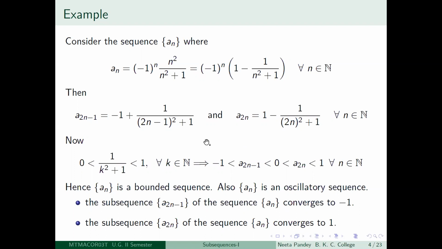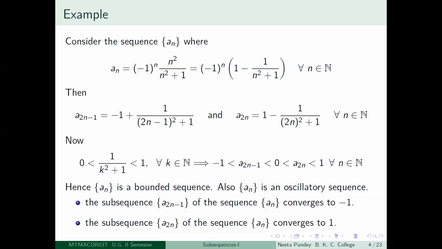And if it converges to -1, then what should happen is, as before, that after a certain term, all the terms of the subsequence should be chosen from the odd terms of the sequence. And similarly, if you want a subsequence which converges to 1, then that subsequence should consist of terms, after a certain term, all chosen from the even terms of the original sequence.